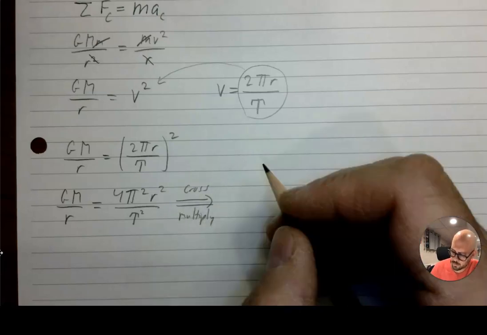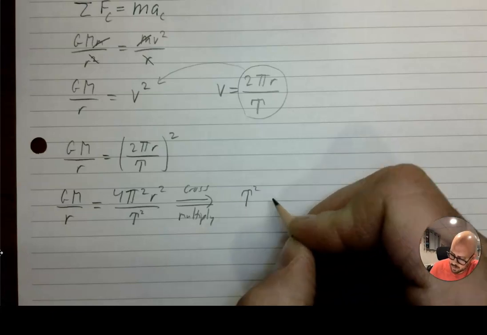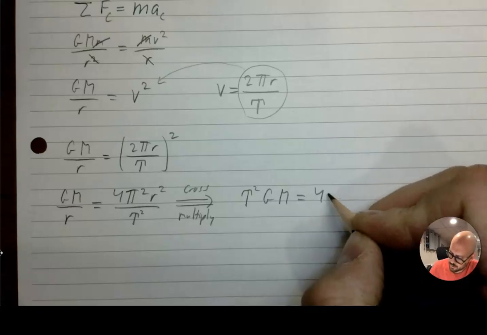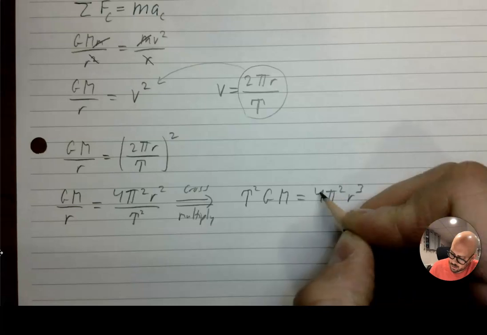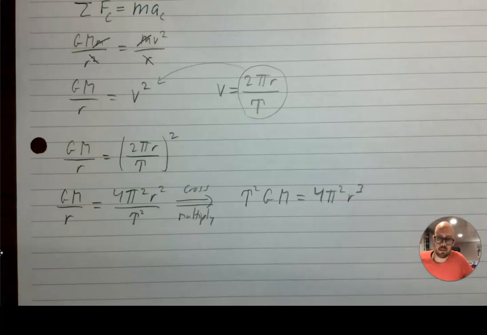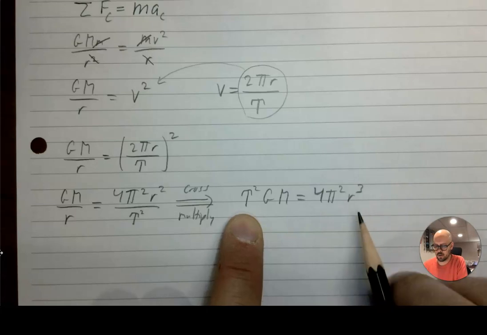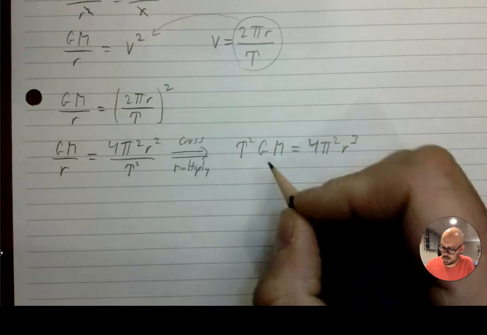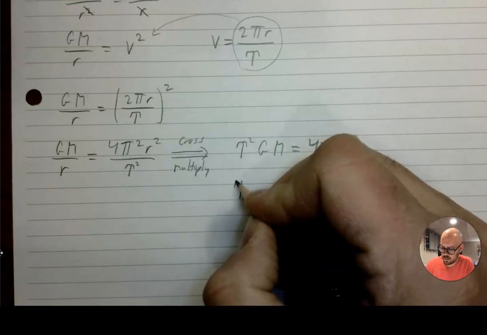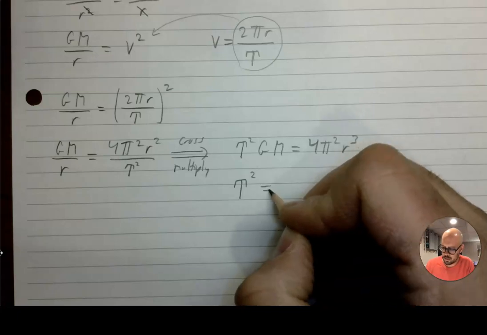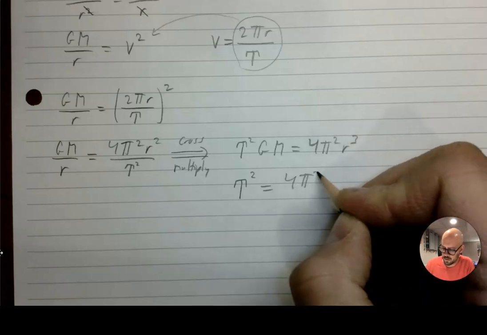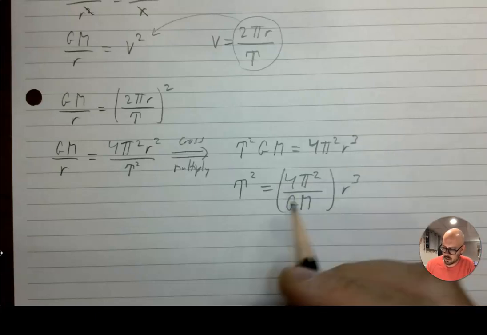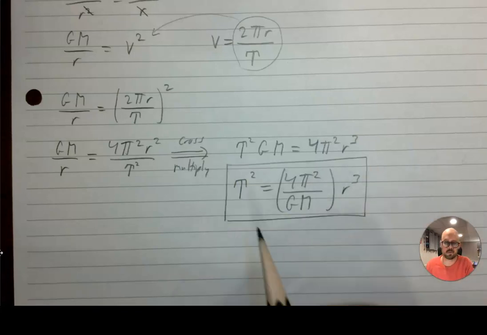What we get when we cross multiply is tau squared times GM, and that's equal to 4 pi squared r cubed. At this point you can see the period squared, radius cubed relationship, and I just want to clean this equation up a little bit. I'm going to divide both sides by GM, and so tau squared equals 4 pi squared over GM times r cubed. So this is the equation for Kepler's third law.